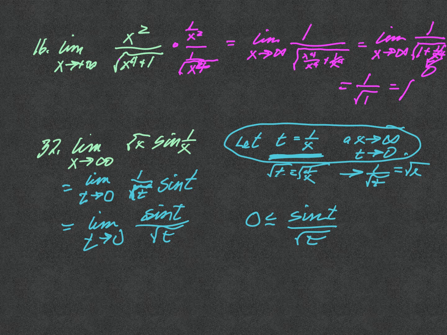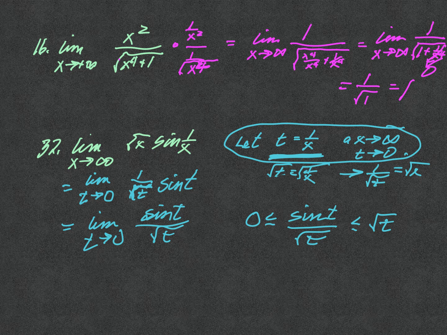Even though t is getting closer and closer to 0, it's always going to be somewhere between 0 and 1 over some number, so it'll be bigger than 0. And this is always going to be less than the square root of t.